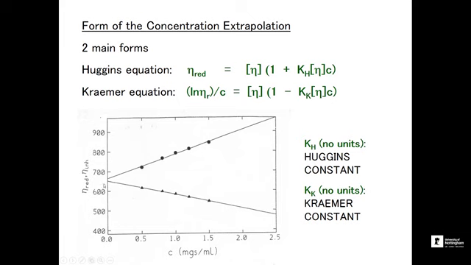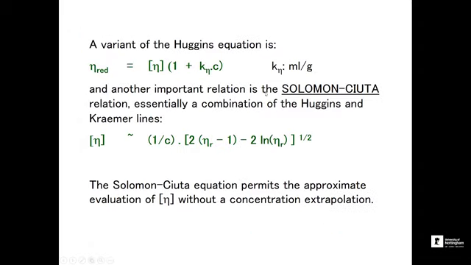So it avoids the need for doing a concentration extrapolation. And the bright people who saw this were Solomon and Ciuta, who combined those two relations together.